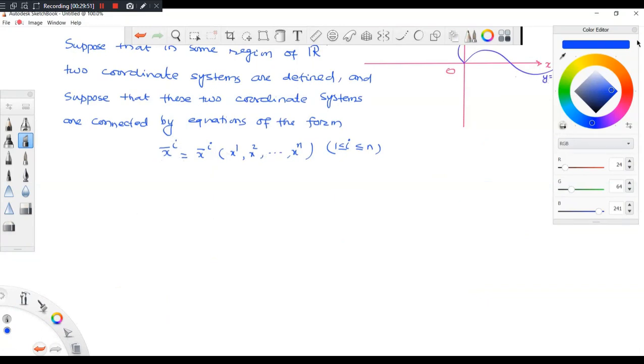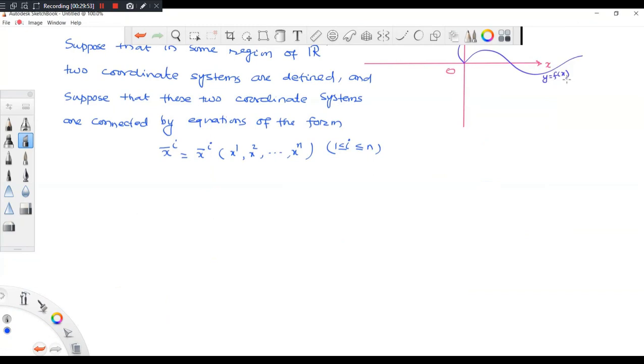Here y is a function of x, where x means this x coordinate. Or you can see that this itself is a relation connecting x and y. This is also a relation connecting x and y, where x and y are rectangular coordinates. So it is a more general kind of thing.